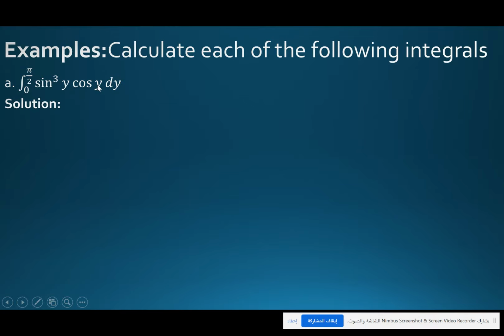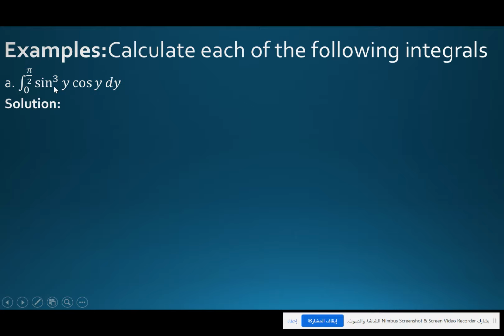So we are still dealing with rule number one. Till now, rule number one is the most famous one to be used. It is multiplied by cosine y, which is the derivative of what is inside the power.